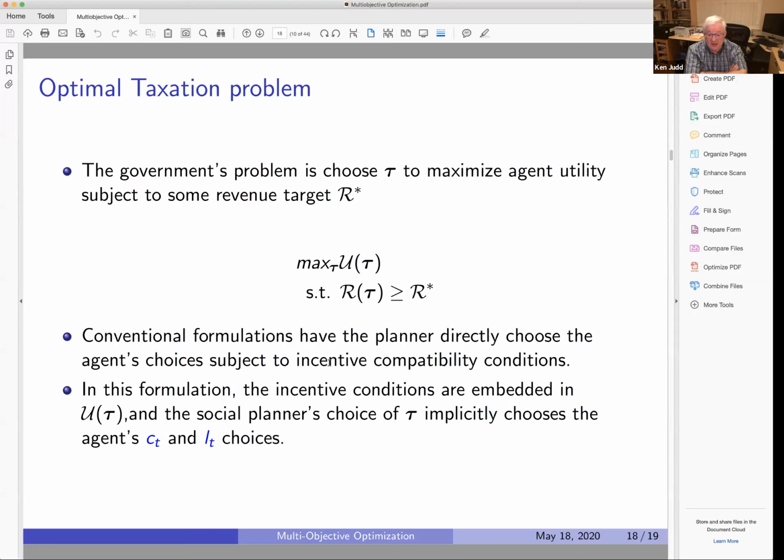Many years ago, there was a grant that I was principal investigator on, and part of the money went for having an intern go to Argonne National Labs, and I wanted the intern to work on this problem. But he was under the supervision of some computational mathematicians, and they insisted that he approach this problem in the conventional fashion, writing down a utility function and then a revenue constraint, but also incentive compatibility constraints.